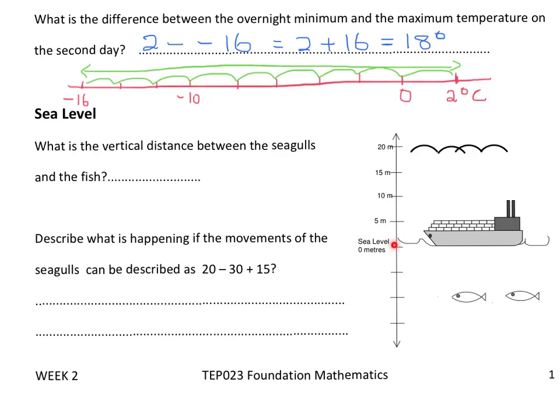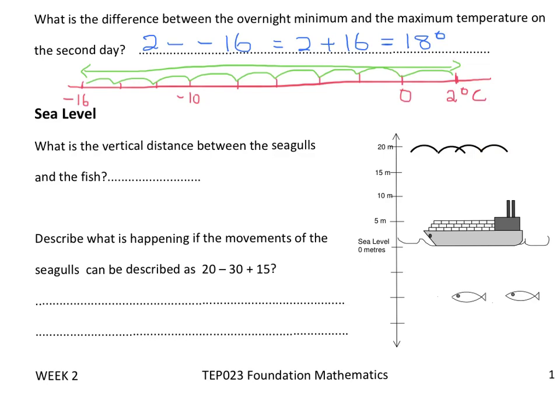And then above the passenger ship, we've got a little number scale going up in 5-metre gradations, and at 20 metres above the height of sea level is 2 lovely seagulls making quite a lot of squawking noise.